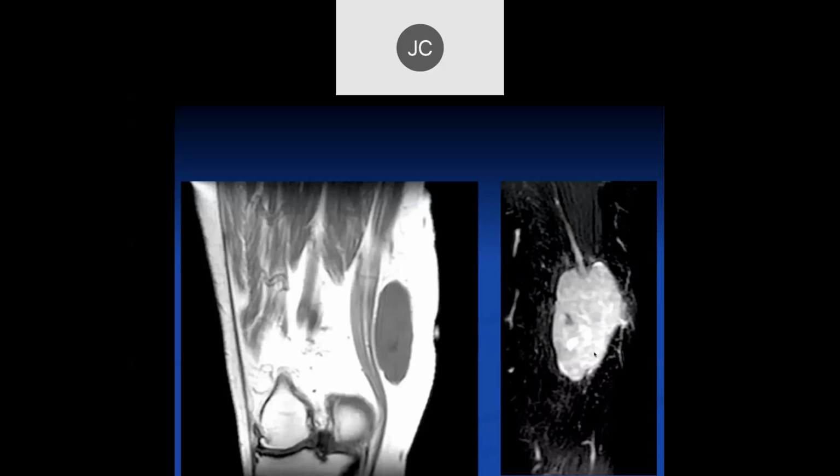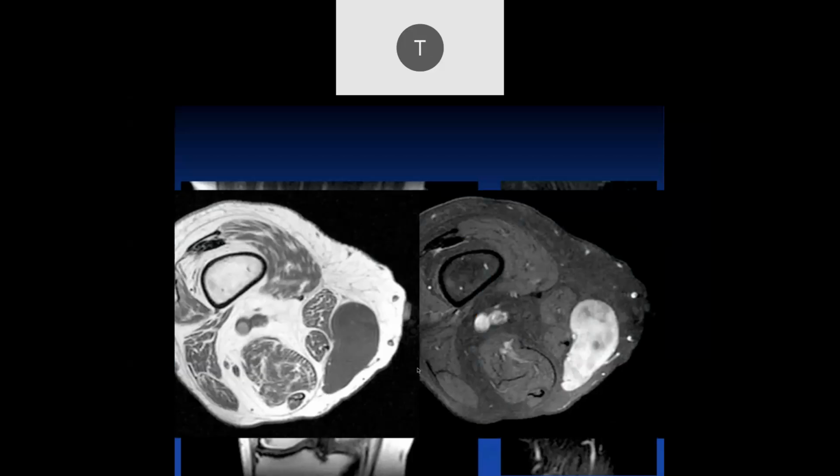Here it looks like it may be associated with a vessel. We probably want to look at the axial images and see if it's encasing a vessel, because that's always an ominous sign. So what's your differential here? So there are the axials. So it's not encasing the vessel.